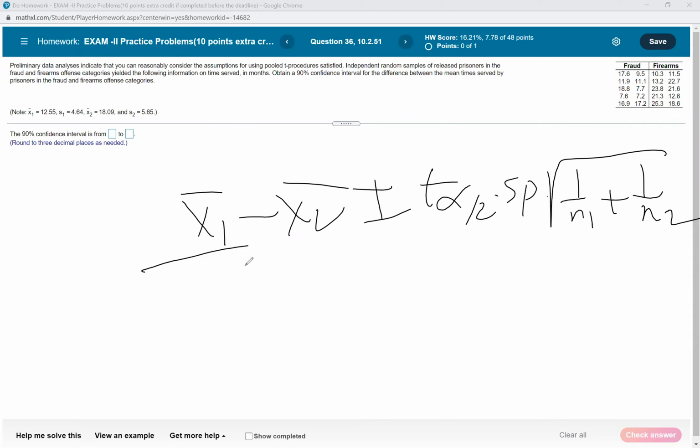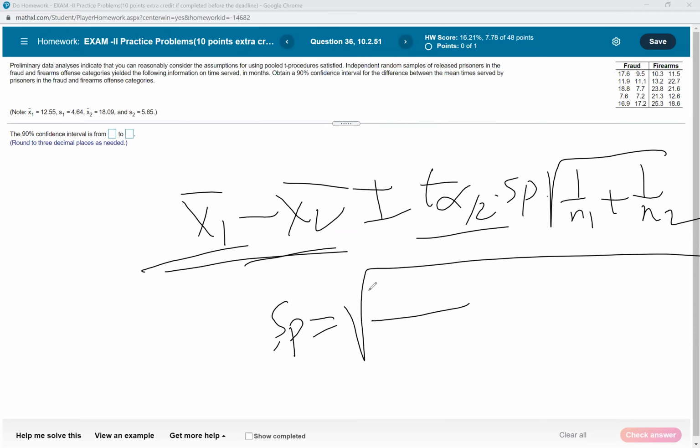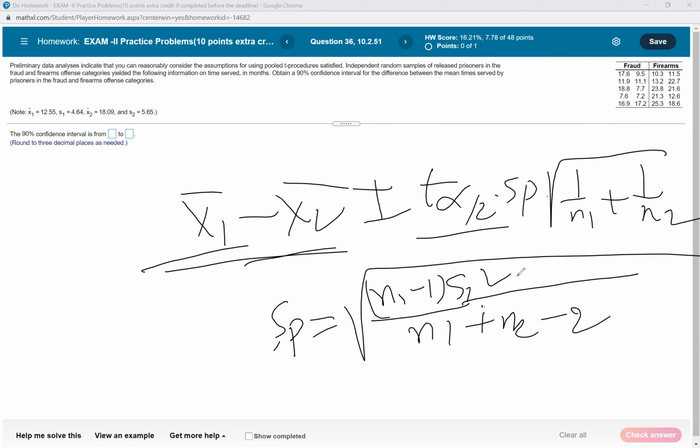So you have x1 bar, x2 bar, subtract, find the t alpha over 2, and calculate the Sp, which is a square root of this formula. You have n1, n2, and you'll find the t alpha over 2.